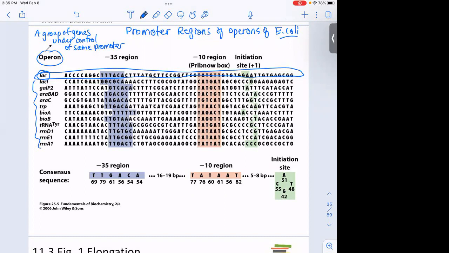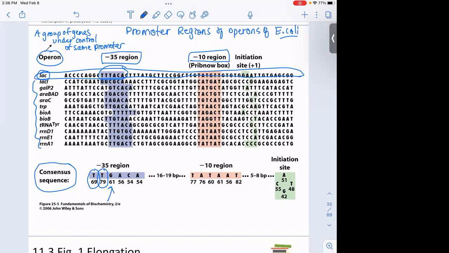Okay, and they've sequenced out this -10 and the -35 region, and they have noticed that like 69% of the time the first base is a T, and most of the time the second base is a T. So these are called consensus sequences of both the -35 and the -10 region. And what we understand now is that the closer that -35 region is to some consensus sequence, the more likely that RNA polymerase is going to bind to it.